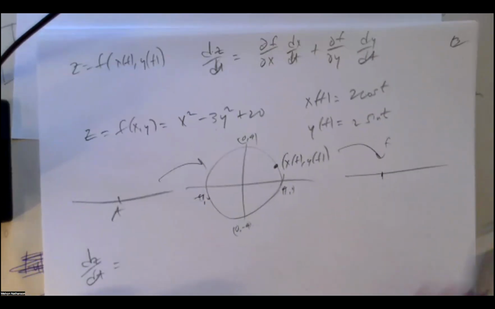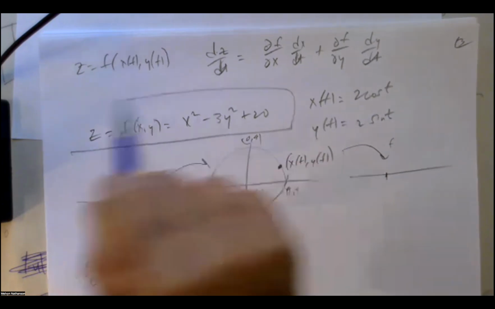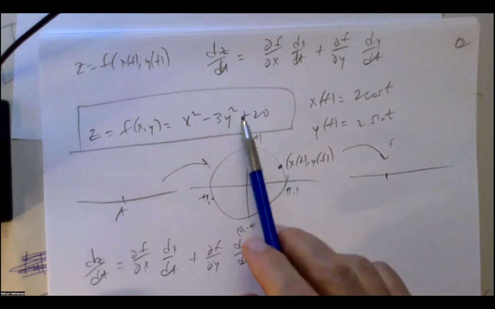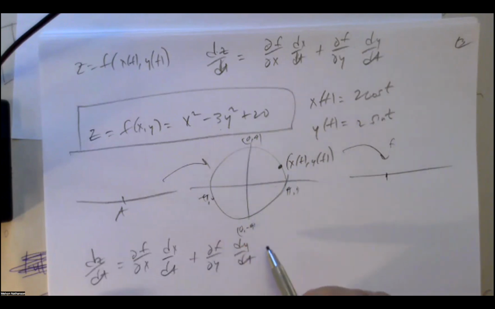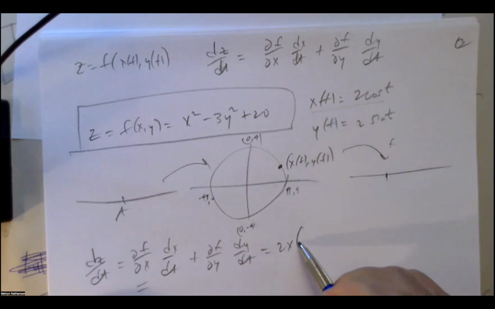So what is dz/dt equal to? By the chain rule, this is the partial of f with respect to x times dx/dt plus the partial of f with respect to y times dy/dt. This is z. What is the partial of z with respect to x? It's 2x. What is dx/dt? Minus 2 sine t.